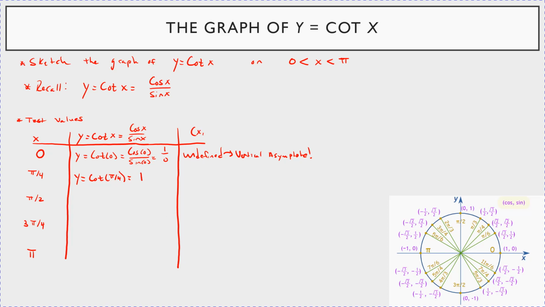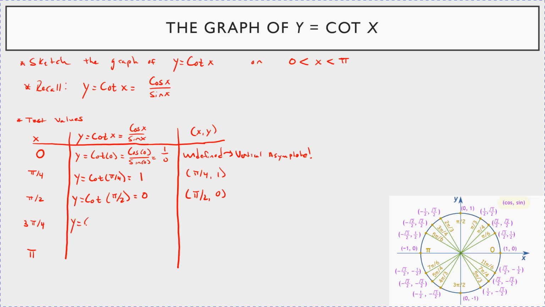So we have our first actual point we can plot: the point pi over 4, comma 1. Now let's continue. Y is equal to cotangent of pi over 2. Cosine is 0, sine is 1, so that's 0 divided by 1, which is just 0. So this is pi over 2, comma 0.